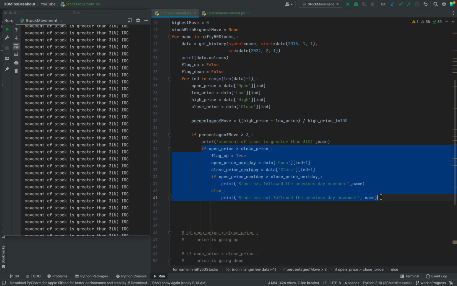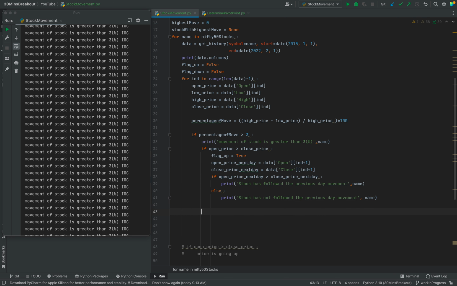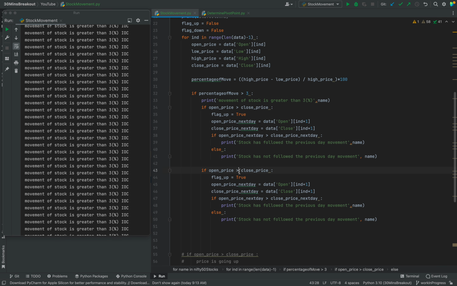So we will just copy paste this code. Okay, with this it can be written up, so no need to add the same lines of code.